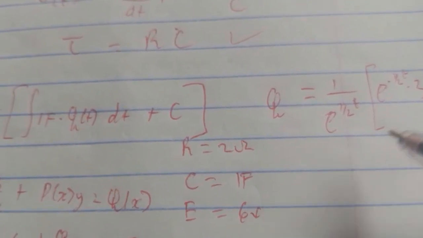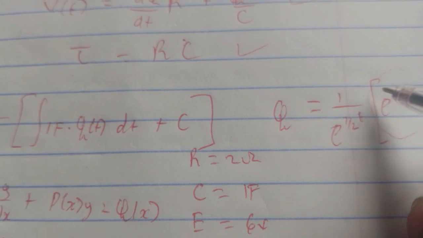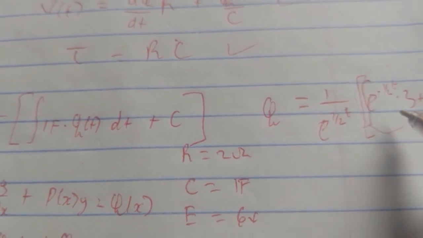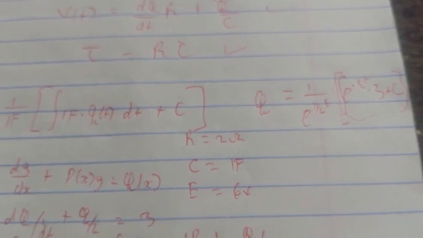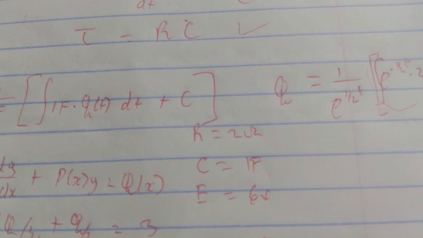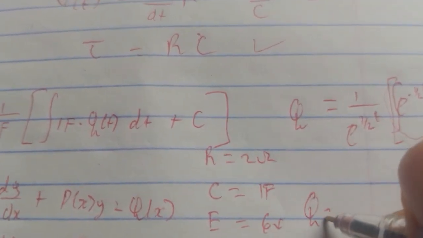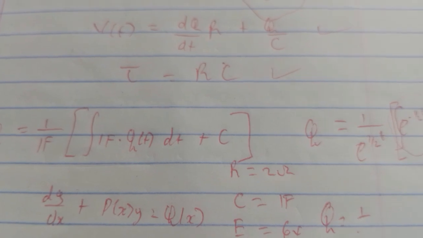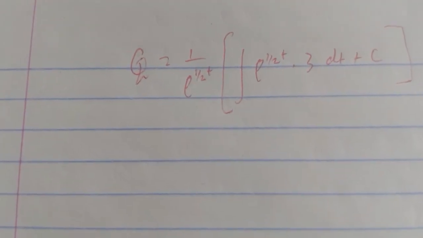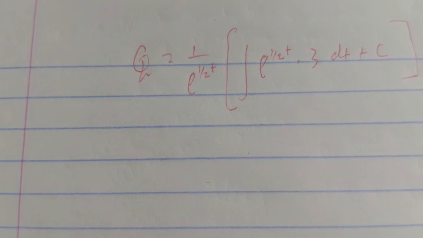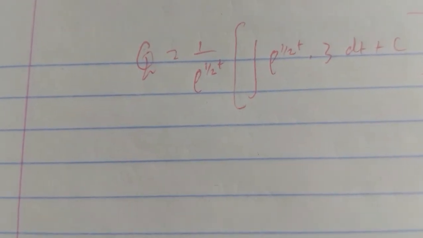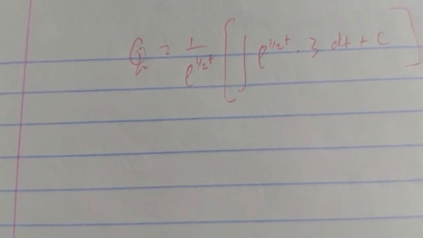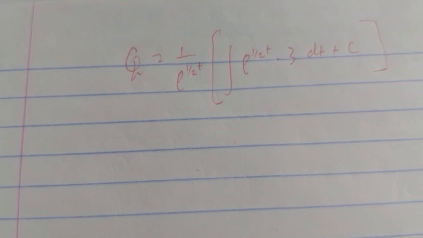So we have to integrate this, because there will be an integral symbol here. So integrating that, we're going to get 1 all over exponential 1 over 2t. Alright guys, so this is what we now have applying the formula. If you don't understand the formula, watch the previous video, introduction to first order differential equation.